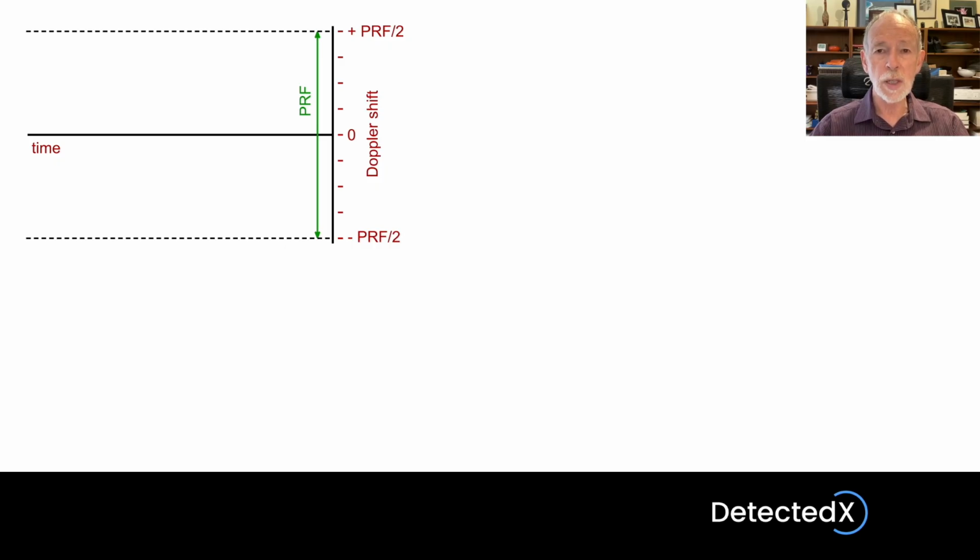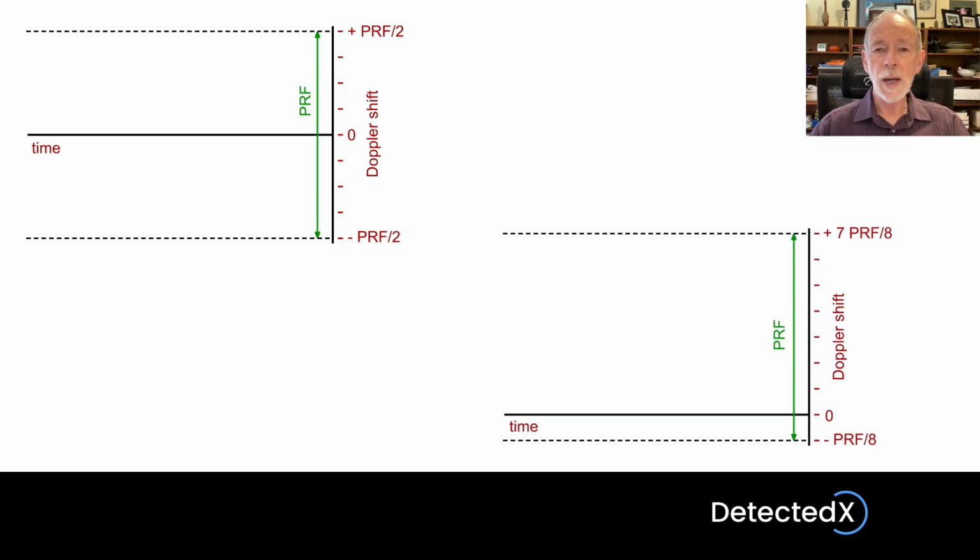So for flow towards and away from the probe, the upper limits of measurable Doppler shifts are the Nyquist limits, half the PRF. Here on the right-hand side, I show what happens when the baseline is shifted. I've given a specific example here where we move it down so there's only 1/8 of the PRF range below the baseline, and that means there must be 7/8 of the PRF above the baseline.